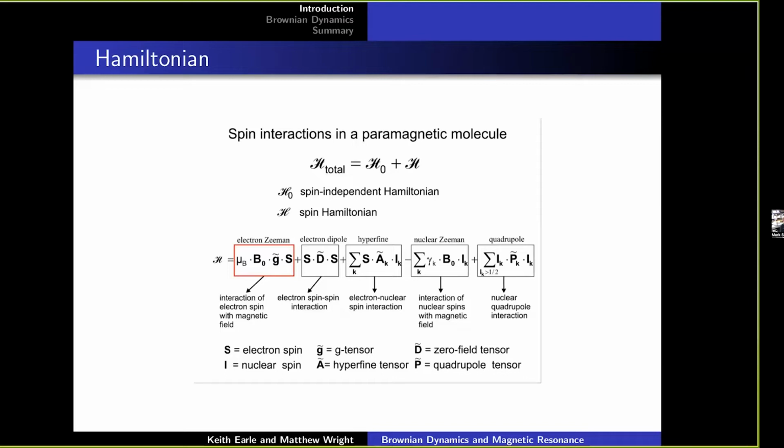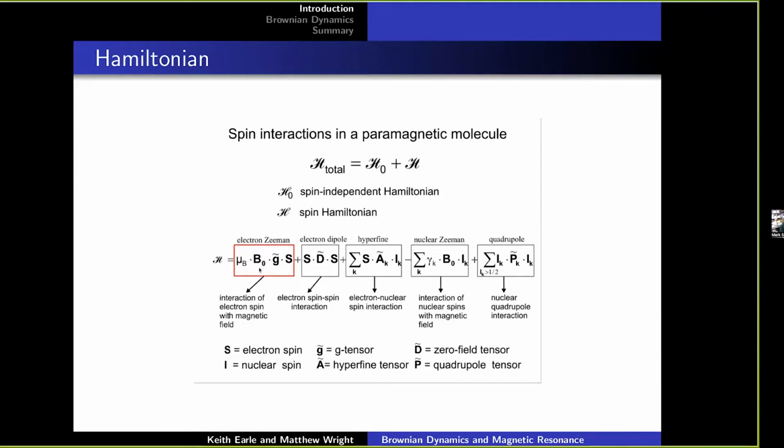For the Alzofon experiments, the other important interaction here is hyperfine, and the same considerations apply. We have the contribution coming from the electron. We also have nuclear magnetic moments that are important, and there's a coupling between the two given by what's known as the hyperfine interaction. And you'll note that this interaction is independent of the magnetic field.